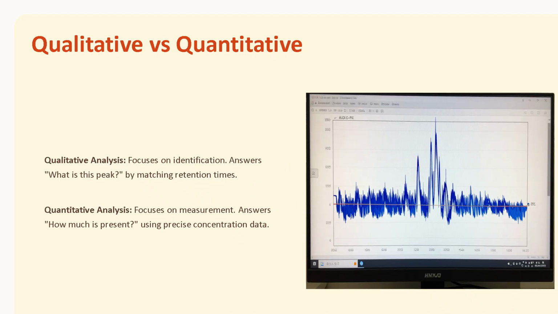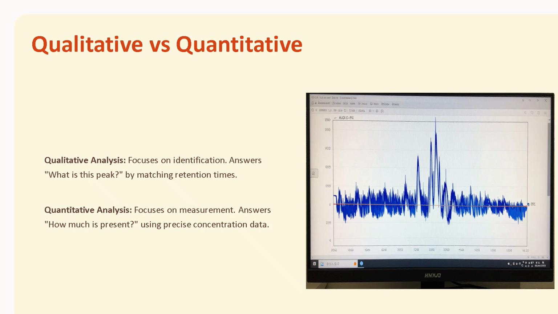Now, before selecting the standard, we must understand the difference between qualitative and quantitative analysis. Qualitative analysis focuses on identification. It answers the question, what is this peak? We compare retention times between sample and reference standard. If they match, identification is confirmed.